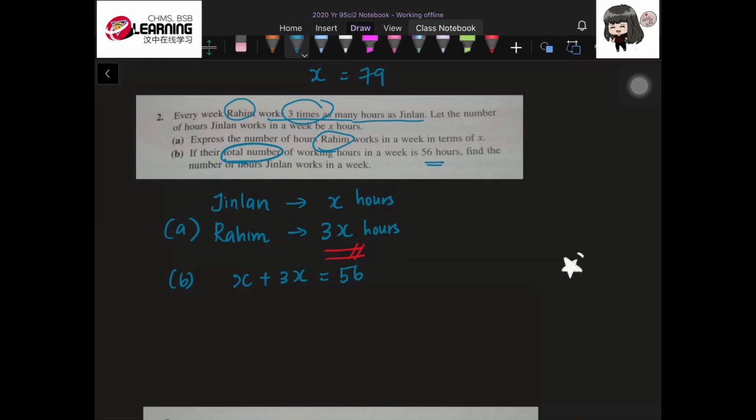Jinlan works x hours, so we need to find x through this algebra. x plus 3x is 4x equals 56.